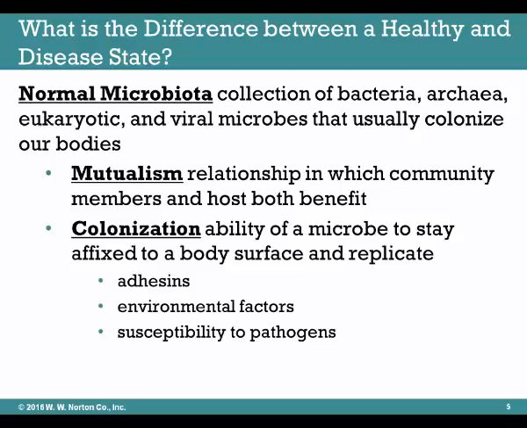And so we need to understand that many of these members within the same group that are pathogenic, there are counterparts that are not pathogenic, that are actually commensal or beneficial to us. And that's what we call normal microbiota, and it includes viruses and bacteria and archaea and other eukaryotic microorganisms.